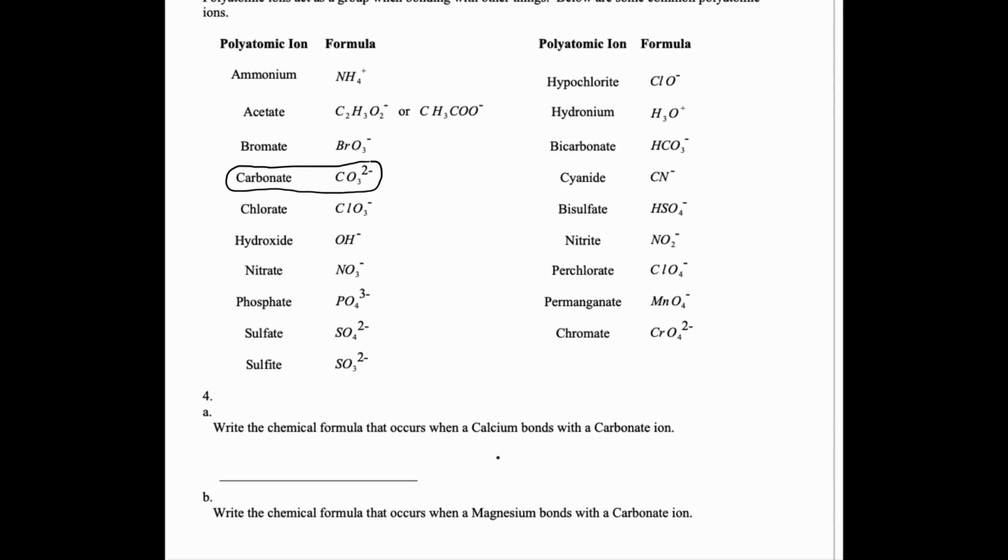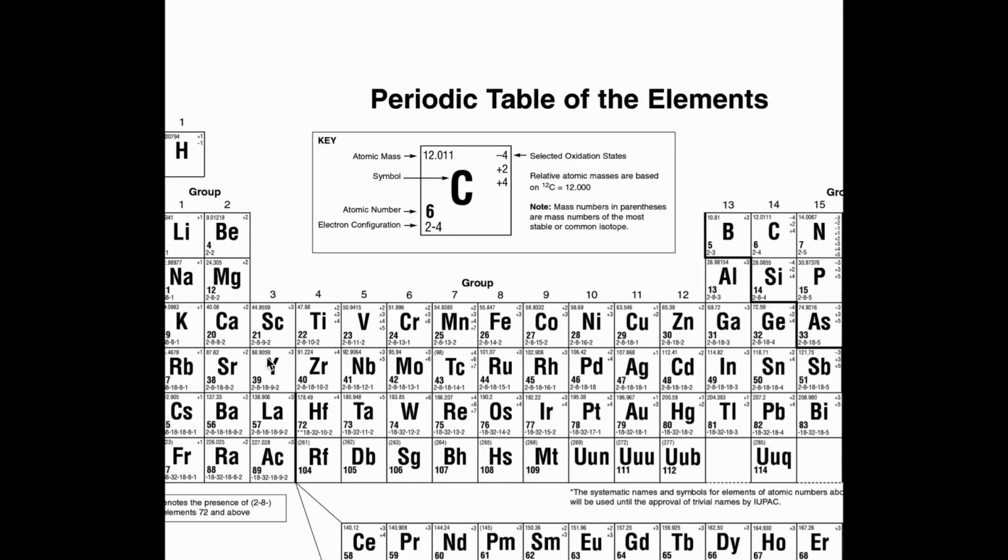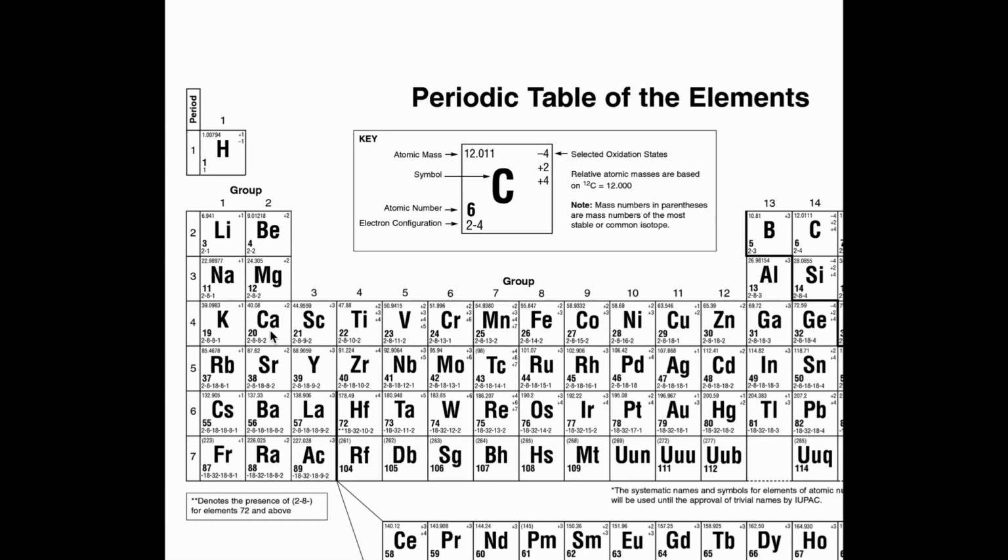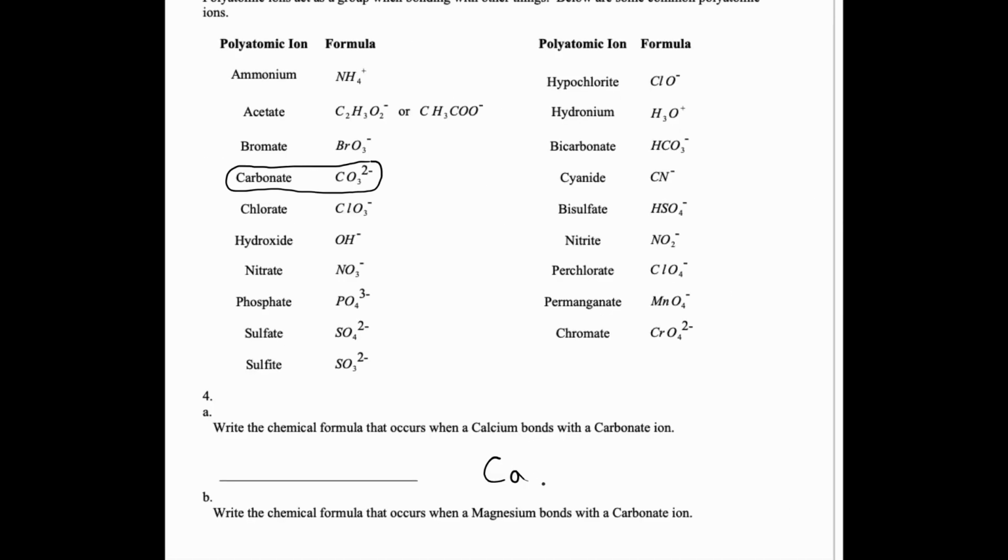With that in mind, we can draw calcium, and according to the periodic table, calcium's in the second column here, so it wants to donate 2 electrons. It'll form a 2+ ion then once it loses those 2 electrons. And then we have CO3, carbonate, which wants to gain 2 electrons.